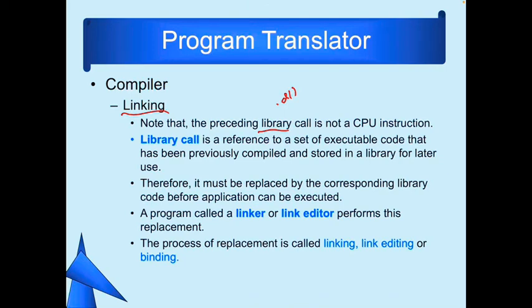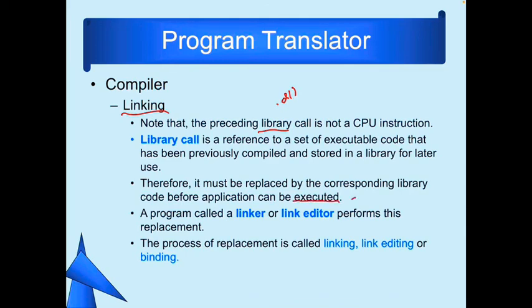Therefore it must be replaced by the corresponding library code before the application can be executed. So we need to do linking and replace it with the corresponding library. When your source code calls the library, it will be replaced by the corresponding library before the application can be executed.